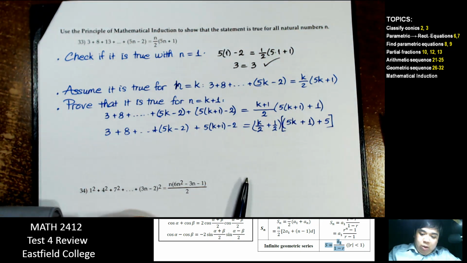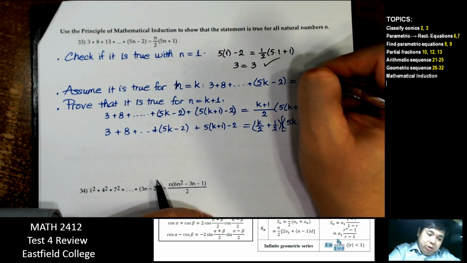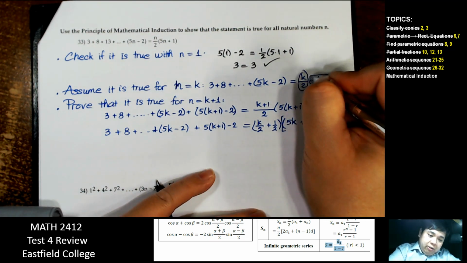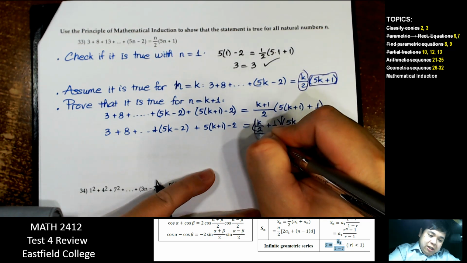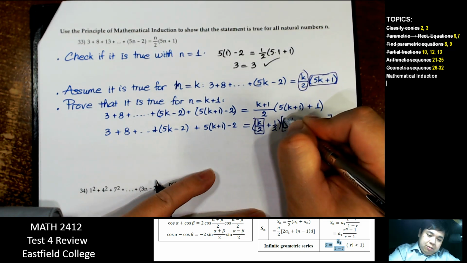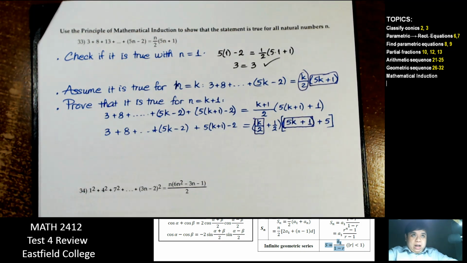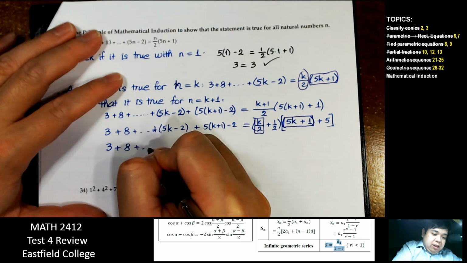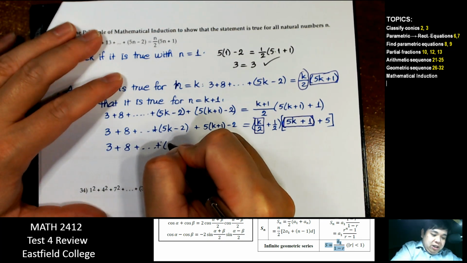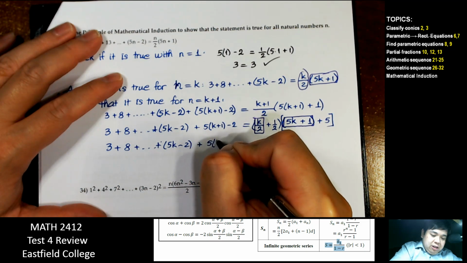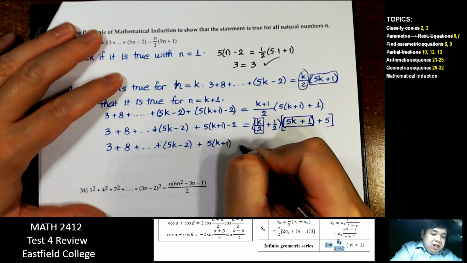What I try to do is try to have the k over 2 here and the 5k plus 1. Now I multiply that. The left hand side is still the same. Like I said, on this one I will not do anything on the left hand side. Maybe a bit later, but for now.